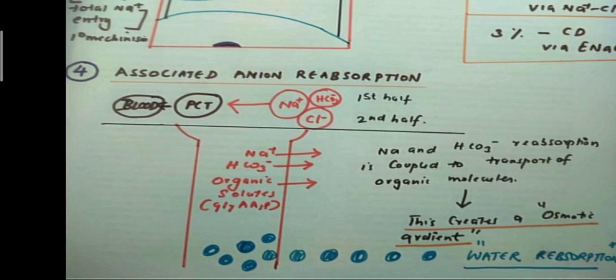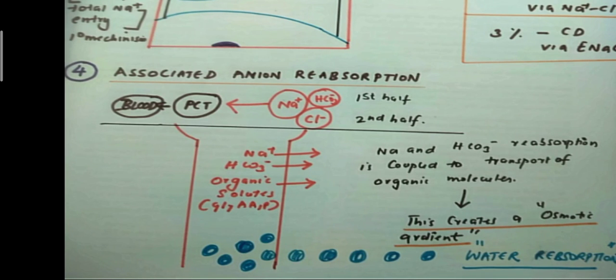So in the PCT, in the first half, sodium is reabsorbed along with HCO3, and in the second half, sodium is reabsorbed along with the chloride ion. Sodium and HCO3 reabsorption is coupled to transport of organic solutes such as glucose and amino acid. That creates an osmotic gradient which favors the water reabsorption.